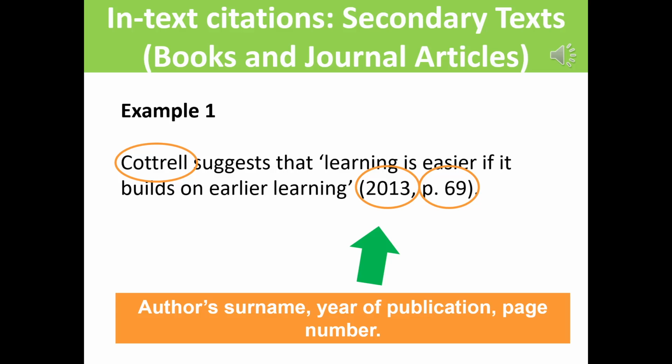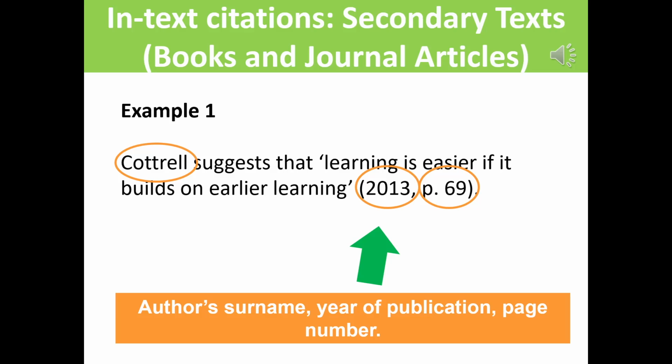Now, there are two ways of doing this. You might have already used the author's last name in your sentence. So you can see in this example, I've actually started the sentence with the last name of the writer I'm quoting from. Cottrell suggests that learning is easier if it builds on earlier learning. If I've already included the author's last name in that sentence, I don't need to give it again in the brackets.